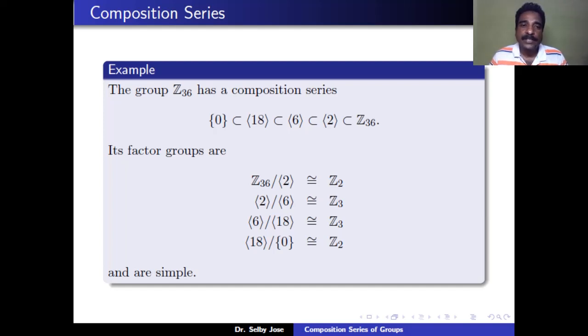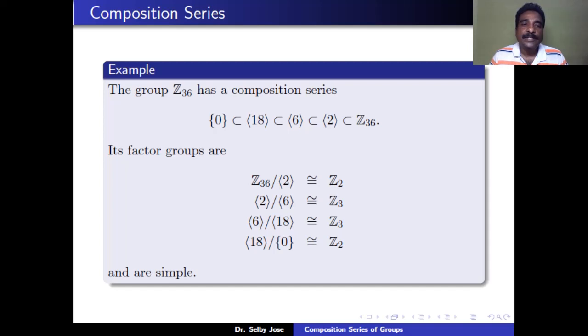Z36 mod the cyclic group generated by 2 contains 2 elements, because Z36 contains 36 elements, and the cyclic subgroup generated by 2 contains 18 elements. So the quotient group contains 2 elements, so it is isomorphic to Z2. And Z2 is a simple group because there are no proper normal subgroups.